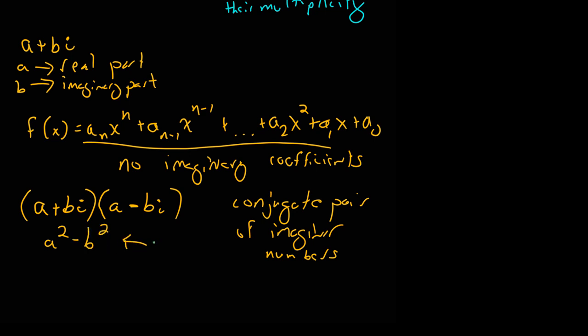It was completely real. So if I have two imaginary numbers that are conjugate pairs, their multiplication gives me something completely real. If I can have imaginary roots, but when I put their factors together such that I get my polynomial and I see no imaginary coefficients, then all of the imaginary numbers have to come in conjugate pairs.